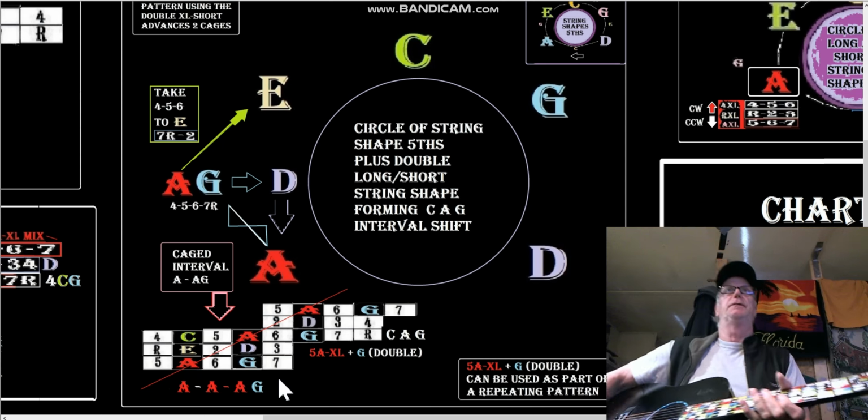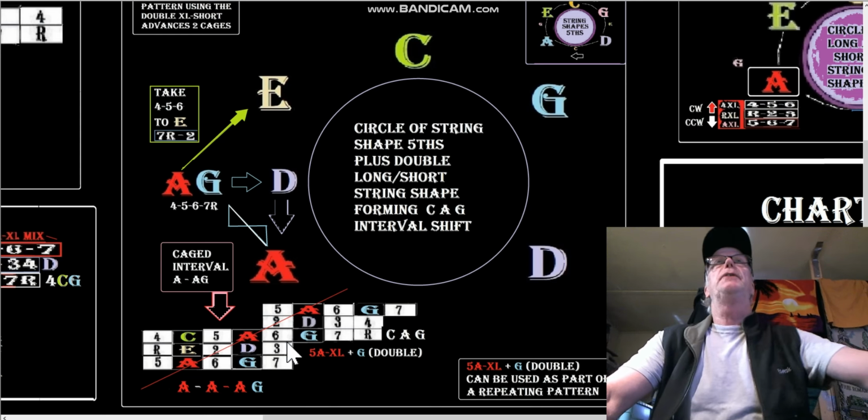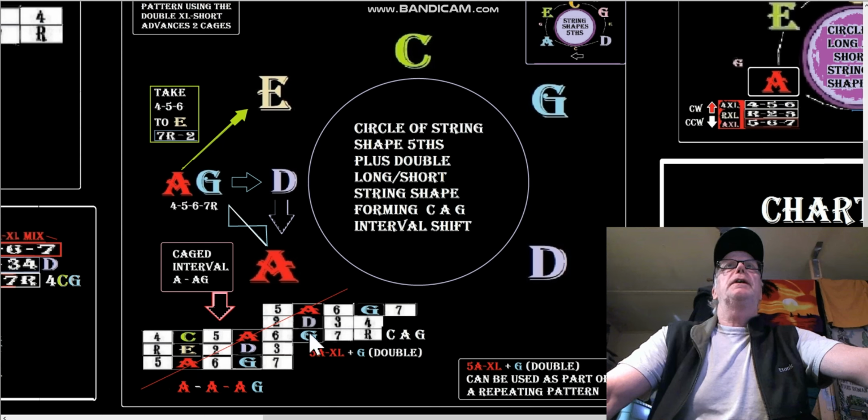That's a caged interval. So coming around here with the long pattern, we have a caged interval there. It says caged interval A to AG. So A goes to A and G there, the G shape, 6, 7 root.